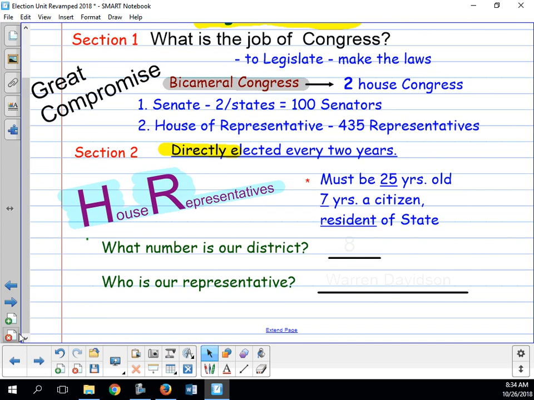Now, in Ohio, as in all states, they are divided into districts. And each district will elect somebody to go to Congress. Do you know what our district number is? There are 16 districts in Ohio, and we are number 8.